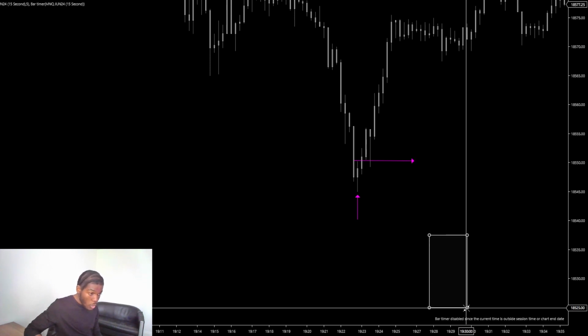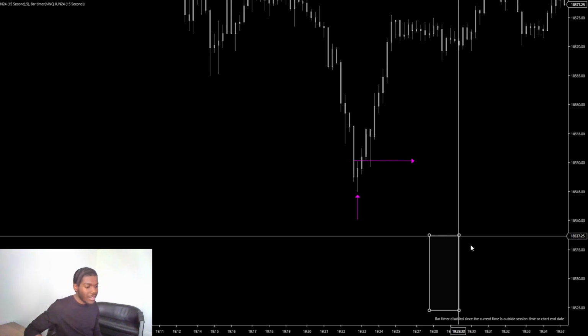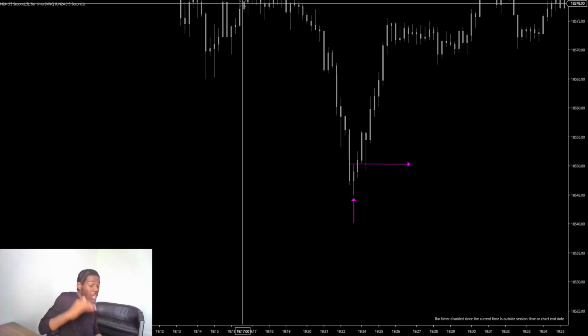If price closes below the open, that is a down candle. So that's how you identify that first.